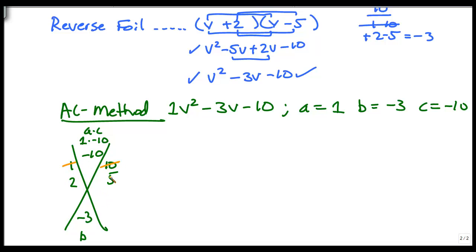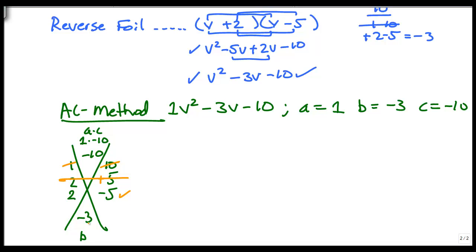So let's see if we can manipulate these signs. If I made this a negative 2 and this a positive 5, 5 minus 2 would be a positive 3, so that's not going to work. Let's look at making this one a positive 2 and this one a negative 5. 2 minus 5 is negative 3, so there are the ones I need.